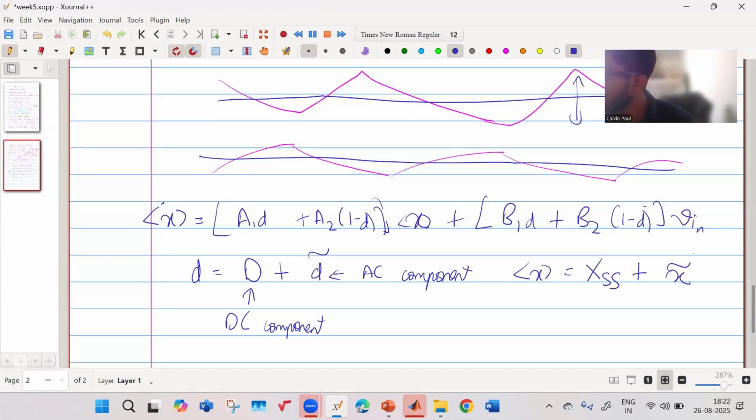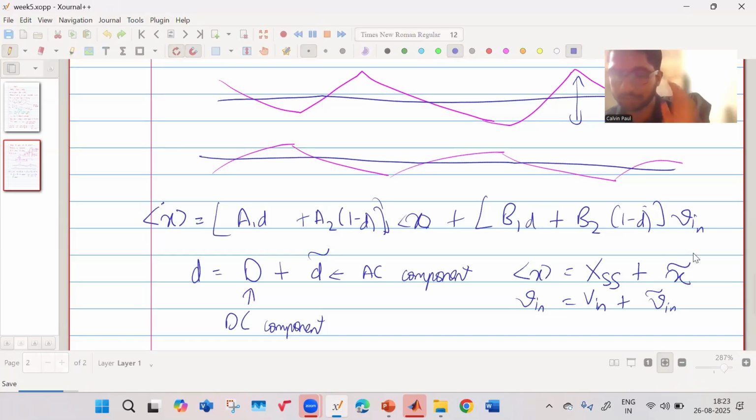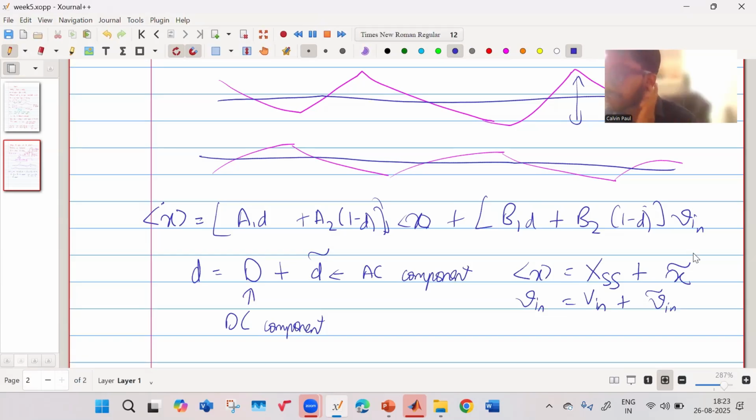For your input also, you have your average input and your input perturbation, right? So this is what you will substitute over here, and then you will get a model which will have your DC part and AC part. You separate them out, and you can get the operating point, and you can get the AC frequency response behavior of your system.